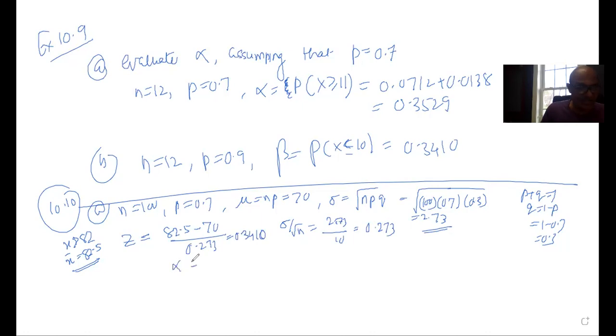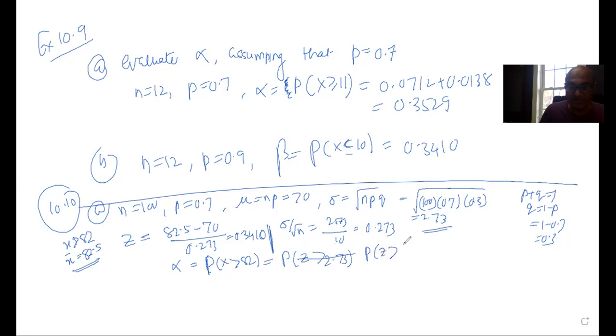So my alpha is equal to the probability of x greater than 82, which is equal to the probability that the z score is greater than 3.10.